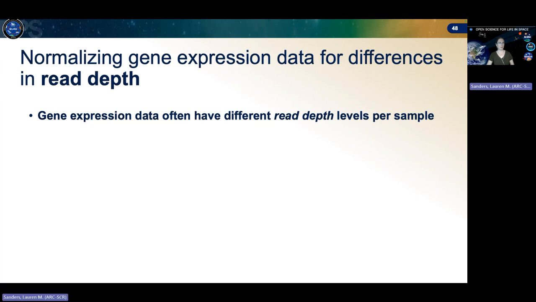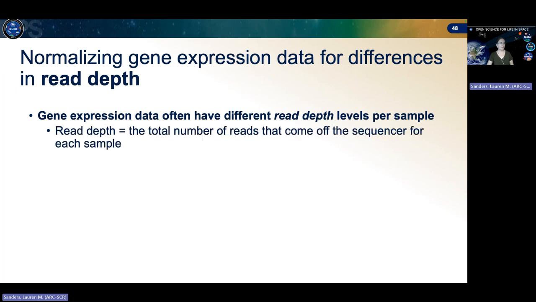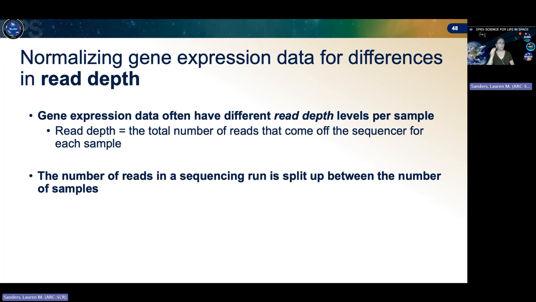Now, getting a little bit more in depth into the methods that we're going to use for RNA sequencing data. It's important that we normalize our RNA sequencing data for differences in read depth. This is because gene expression data often have different read depth levels per sample, where read depth is the total number of RNA reads that come off the sequencer for each sample.